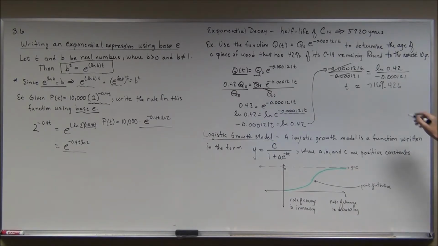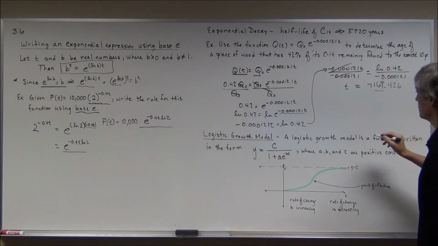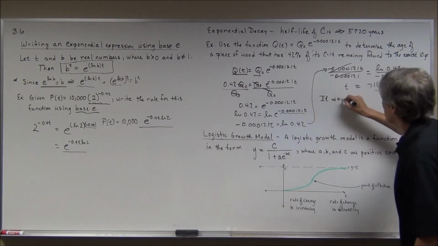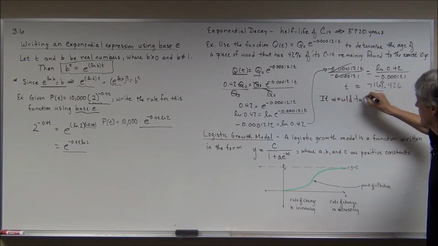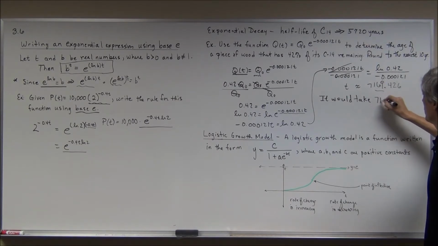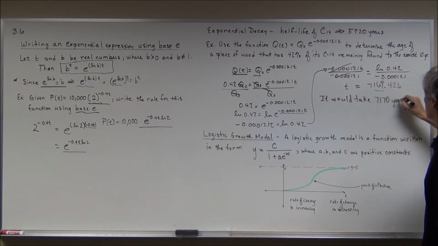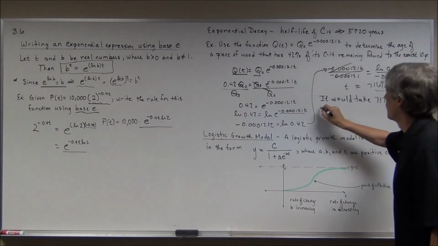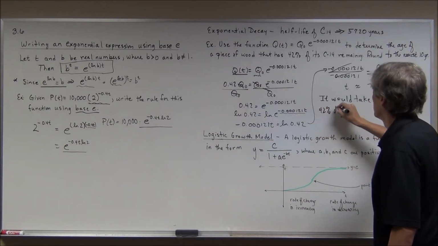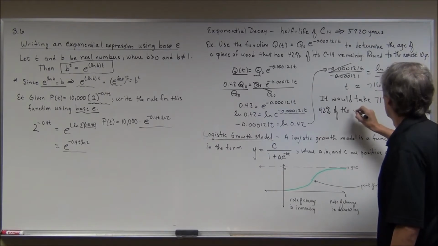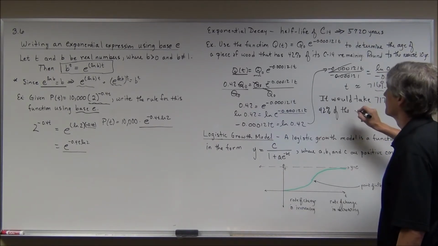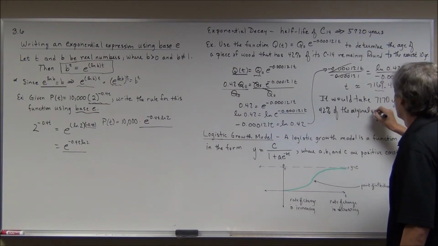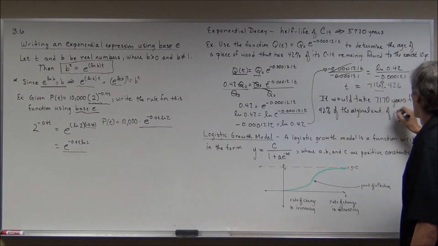And so to the nearest 10 years here, it looks like this would take 7,170 years for approximately 42% of the original amount of carbon-14.